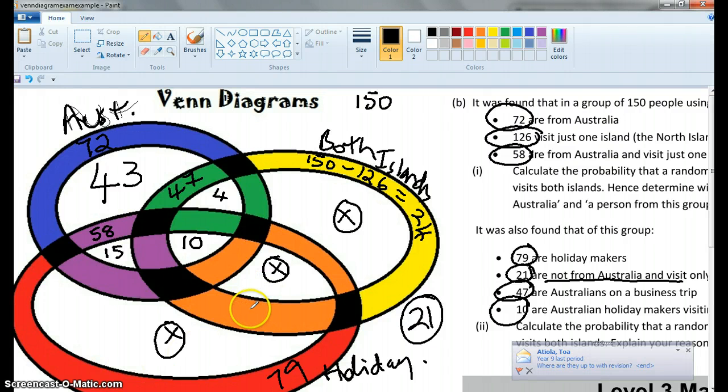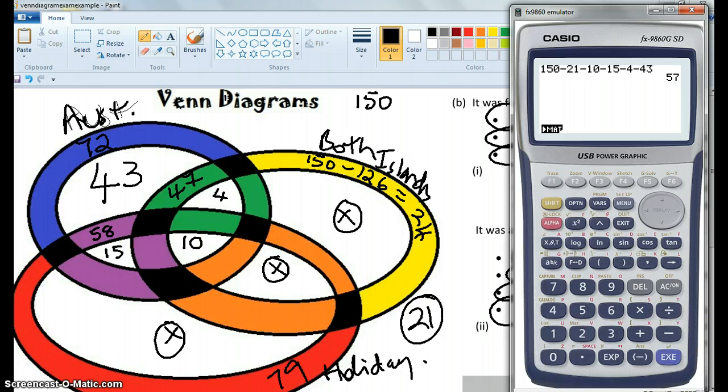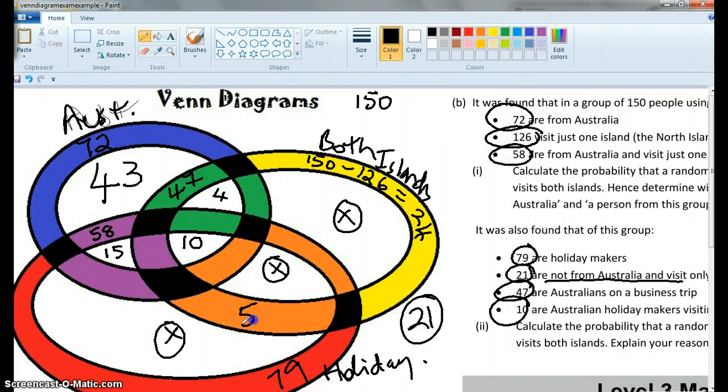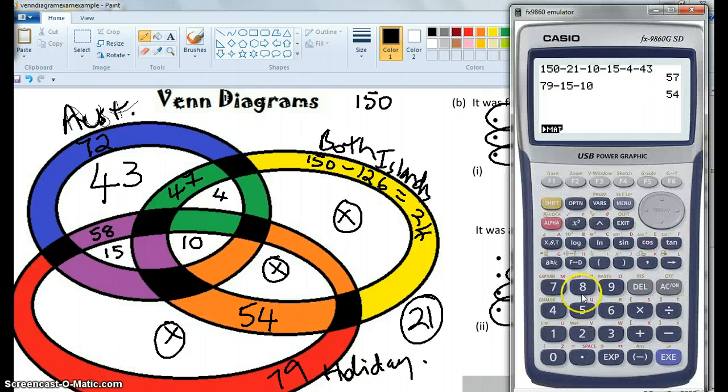Now I can work out what's in here because I can go 79 minus 15 minus 10, that's 54. And then I can go my 24 minus my 4 minus my 10, so that's got to be 10.